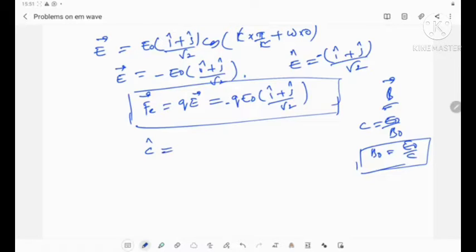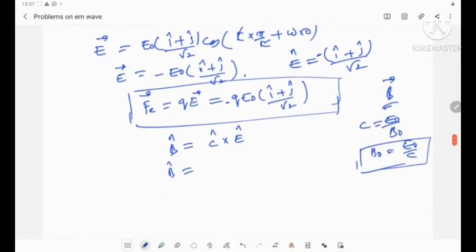Next, we have to find the B cap direction. Therefore, B cap is equal to c cap cross E cap. Here c cap is nothing but minus k cap, cross E cap, which is minus i by root 2 minus j by root 2.